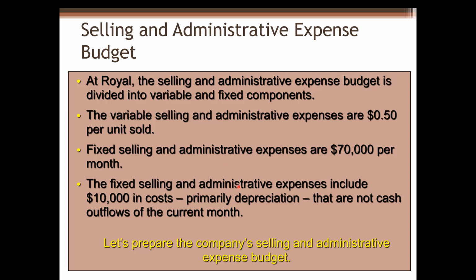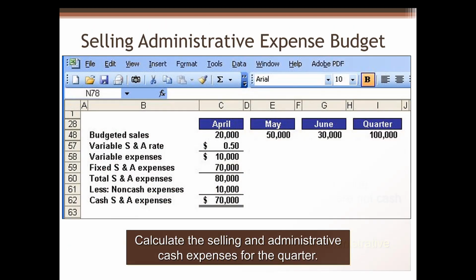The fixed selling and administrative expenses include $10,000 in costs, primarily depreciation, which are not cash outflows of the current month. Let's prepare the company's selling and administrative expense budget. It includes both variable and fixed components.